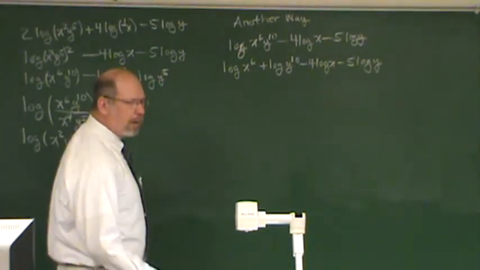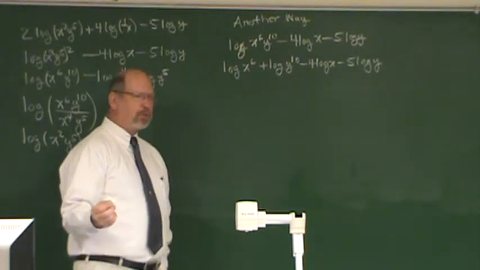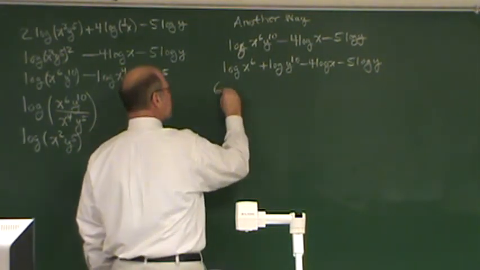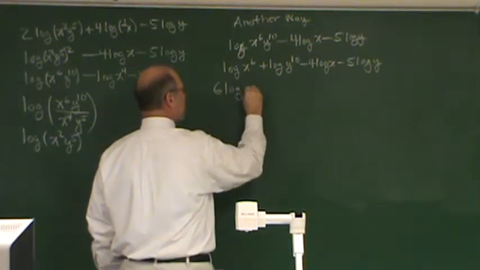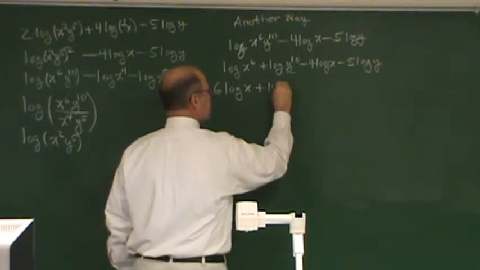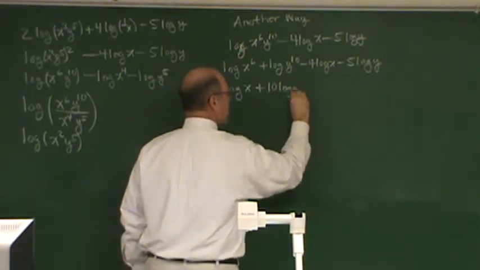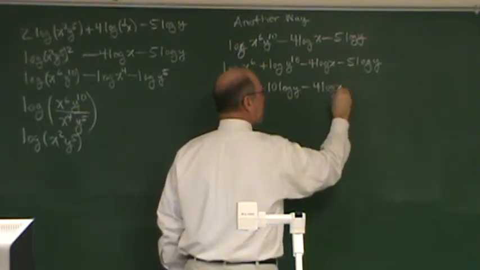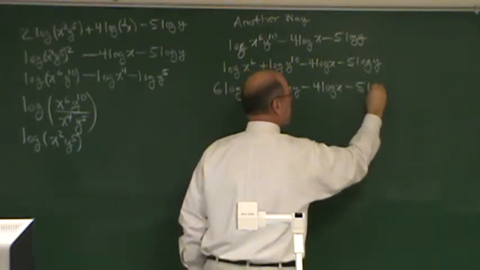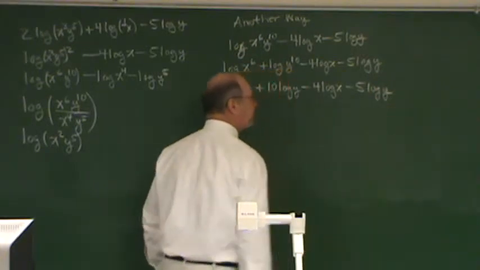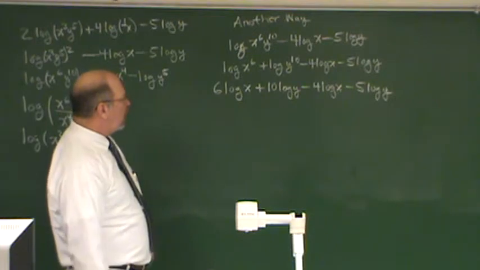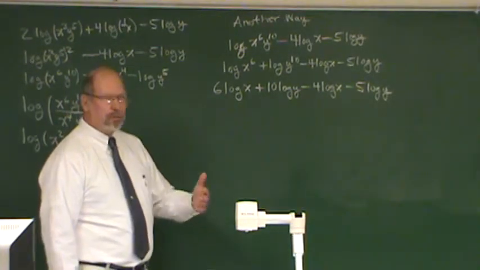Now, one of the properties of logarithms says you can bring exponents down into the equation where you can work with them. So this is 6 times the log of x plus 10 times the log of y minus 4 logs of x minus 5 logs of y. Okay? You with me? Now we have some like terms that we can combine.